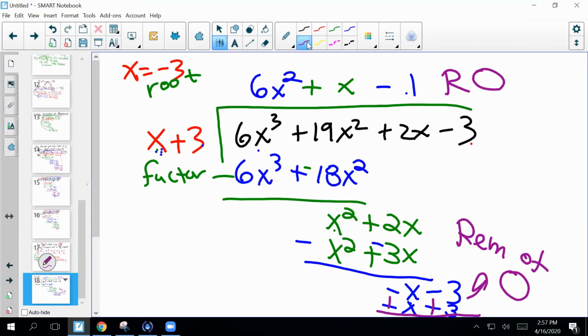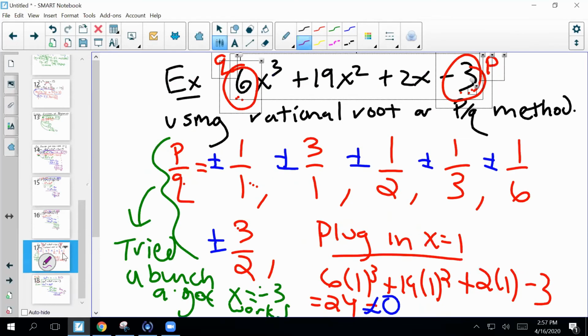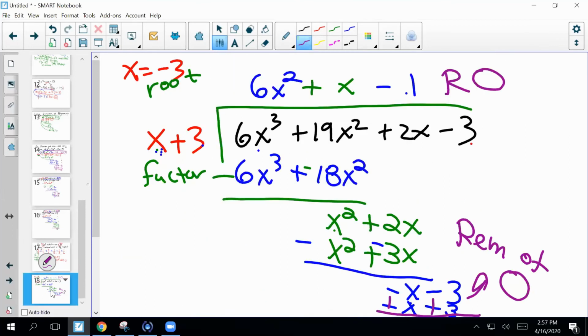So we found the rational roots. We found -3 works. We did a long division with that, with the x plus 3. This is pretty good. This is well on our way to factoring. Let me get a new page here.